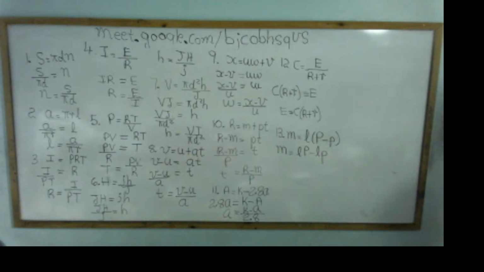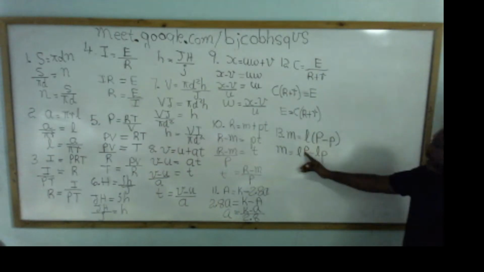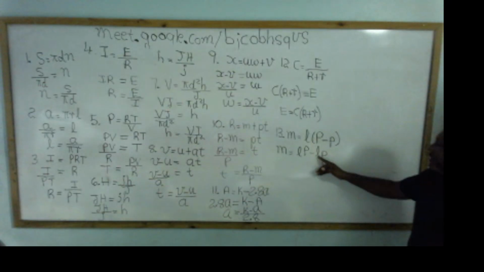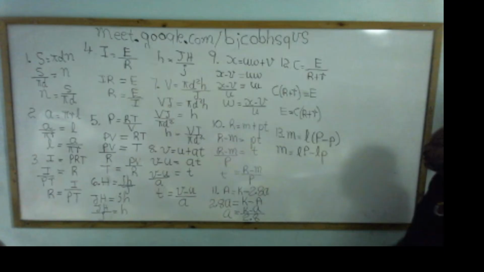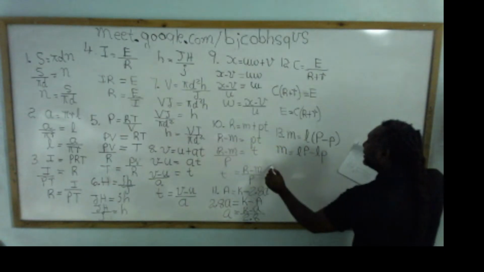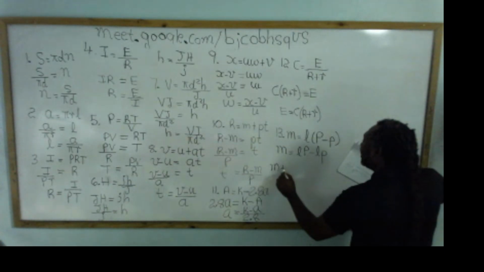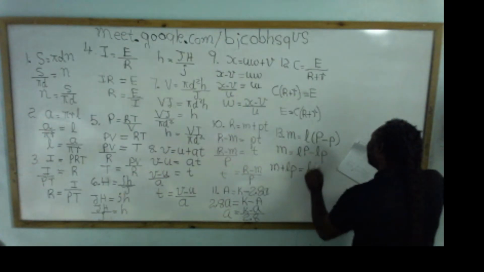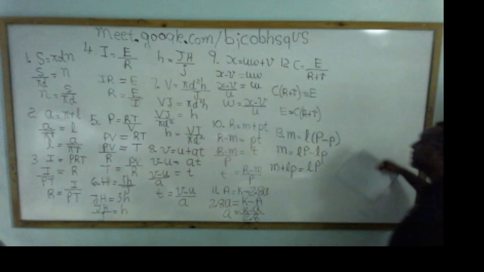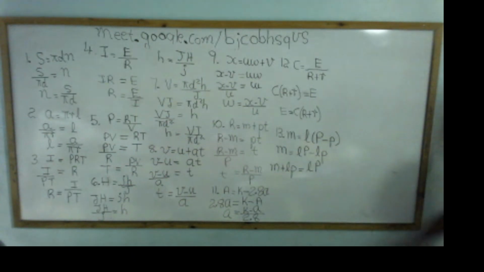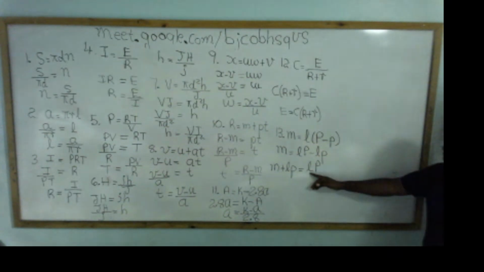Of course, by so doing, this P is our proposed subject. We need to eliminate this negative Lp. And we'll eliminate this one that we are subtracting by adding. So we have M plus L common p is equal to L capital P. And all that we need to do now is eliminate this L that is being multiplied. So we'll do that by division.